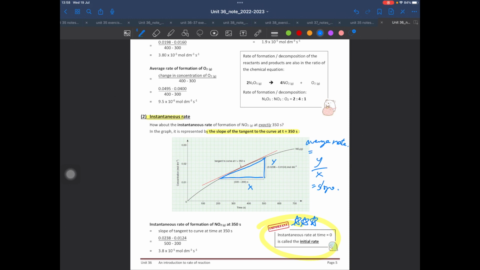Well, the importance of the initial rate is that the reactant has the highest concentration. That means the reaction rate also is the highest. Okay, and this is the scientific meaning of initial rate.